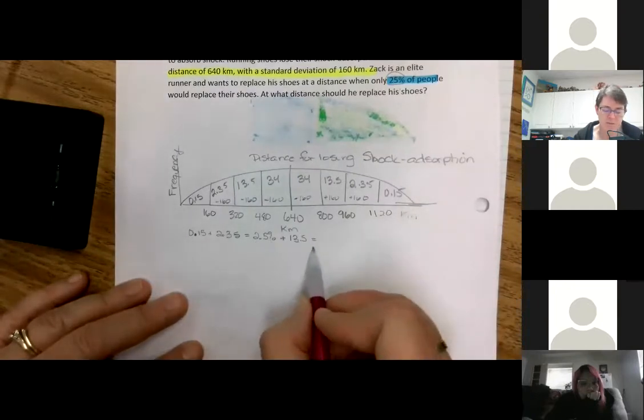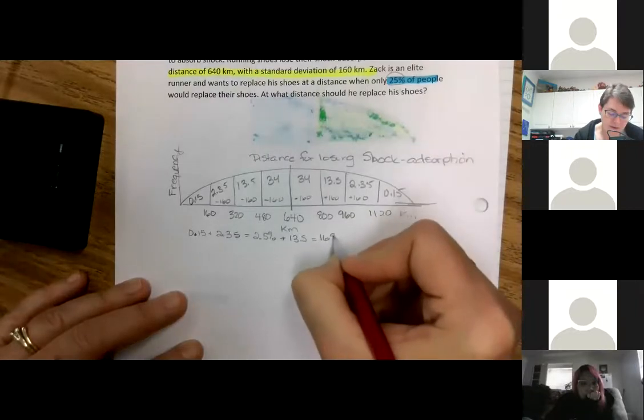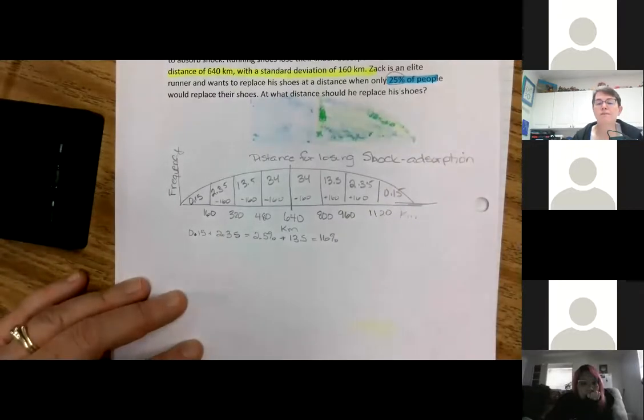We don't have enough. So now we need to add on our next percent, which is 13.5. How about you add that? 2.5 and 13.5. 16. Perfect. What number are we looking for, though?